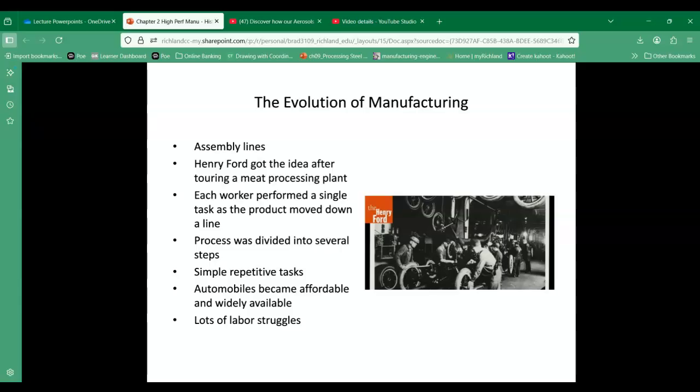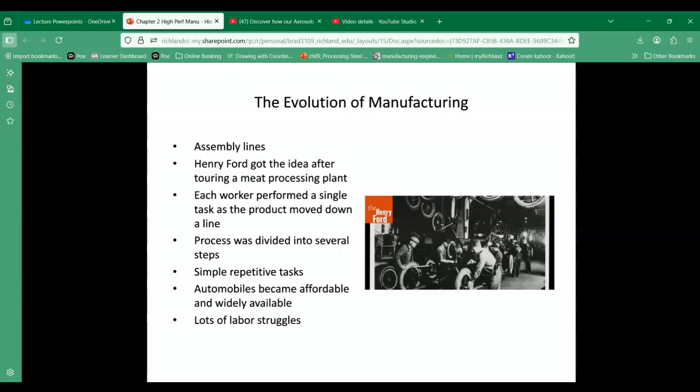So basically he broke down the assembly of the vehicles he was making to a simple single task as a product was moved down the line. And so that process was then divided into several steps.